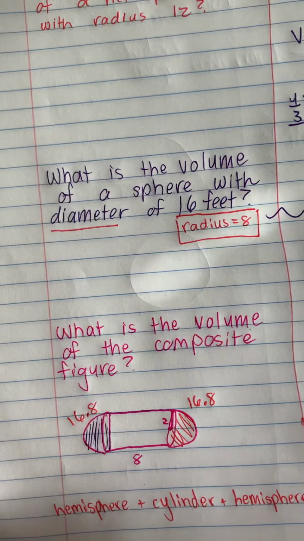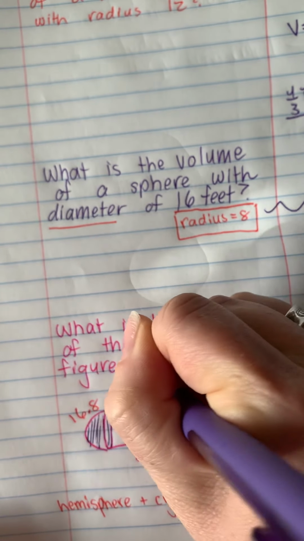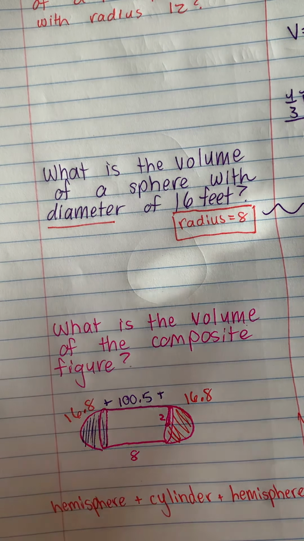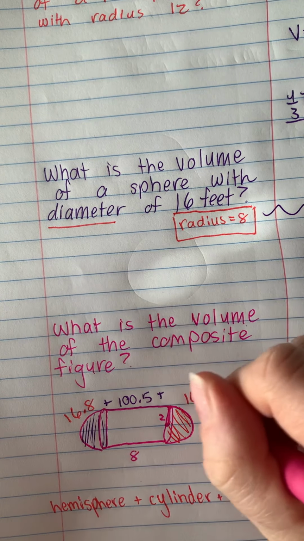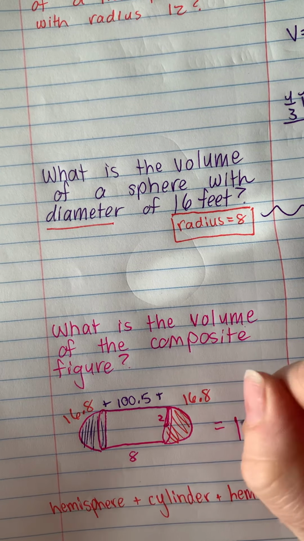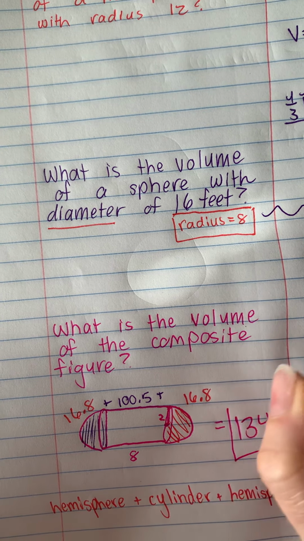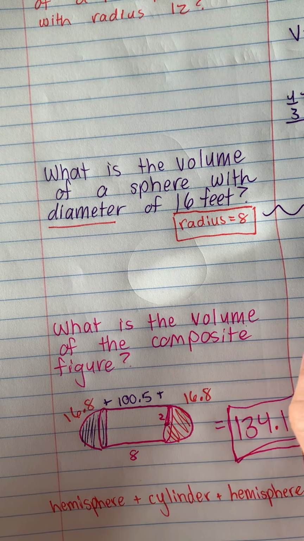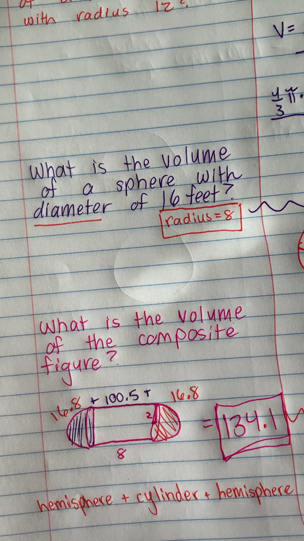So putting that back over here, 100.5, I'm going to add all those 3 together. And you should have gotten a total volume, 134.1. If your calculator rounded a little differently, that's okay. But 134.1 should have been your final answer.